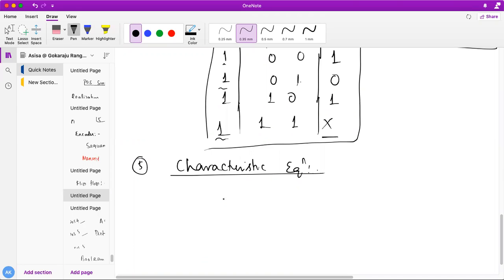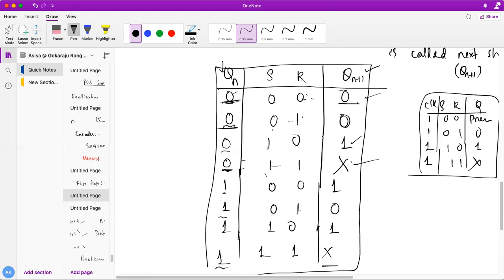It tells what my next state equation will be in terms of the present state. The present state is nothing else but Qn. How Qn plus 1 depends on Qn with the inputs S and R. So for that, you need to solve the characteristic table.